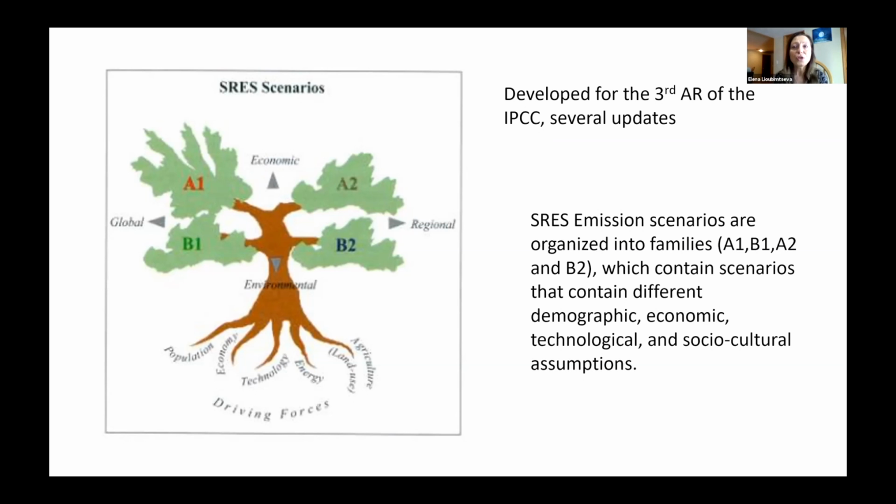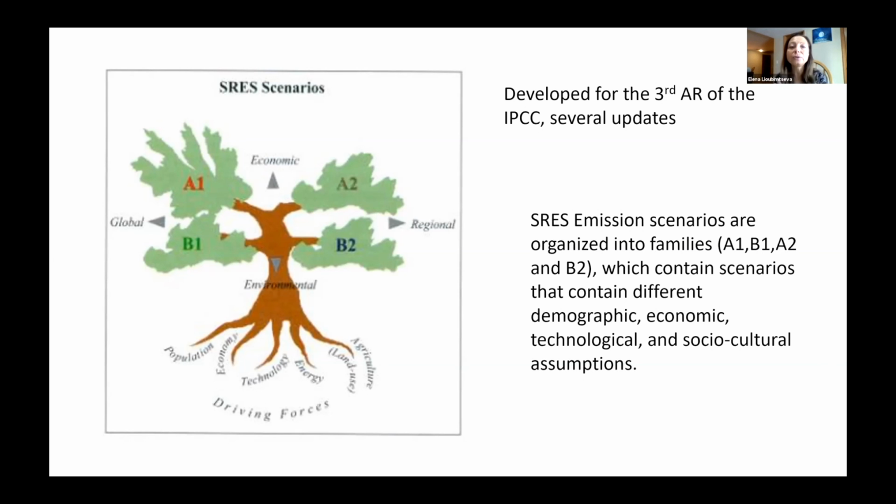And so those scenarios that start with A1, they all assume that the global development is going to be driven by economic priorities over environmental priorities, and also global development over regional or national development.